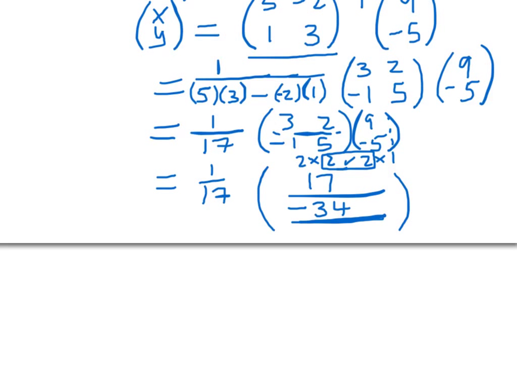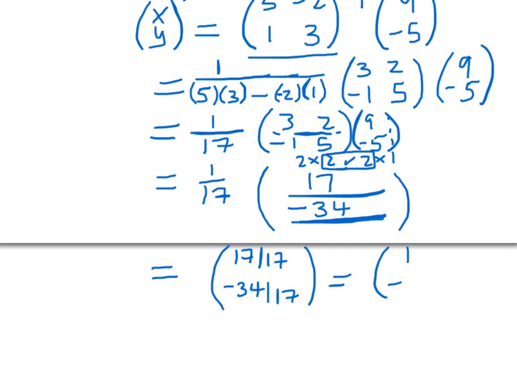So if I multiply this matrix by 1 over 17, what I get is 17 divided by 17 and minus 34 divided by 17. And 17 divides evenly into both. What I get is 1, minus 2. So the answer turns out to be that x is equal to 1 and y is equal to minus 2.